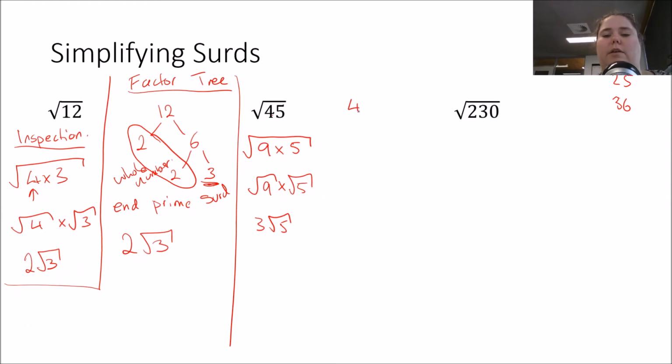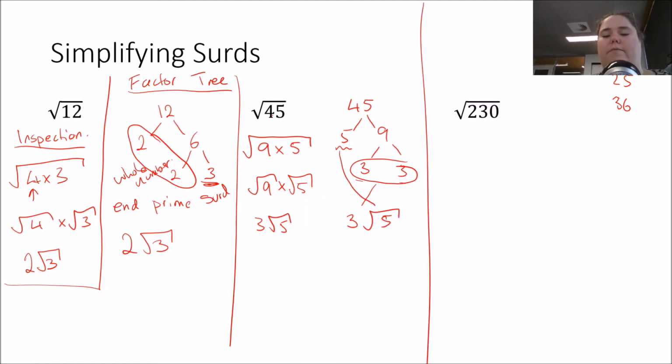With my tree, I would start with 45. Smallest prime is 5 that I can think of off the top of my head. 9, 3, and 3. So they're all primes. Beautiful. Here's my pair, so that becomes my whole number. This guy's lonely, so he becomes my surd. So 2 different ways to get there.